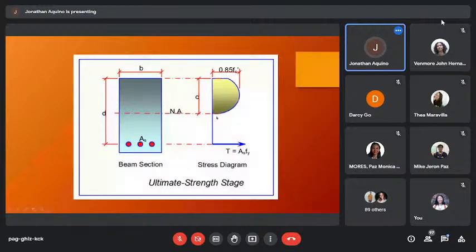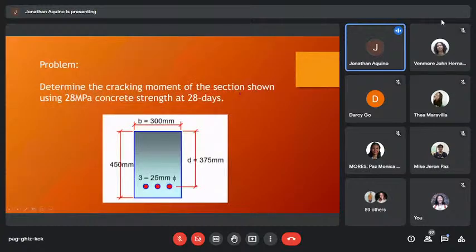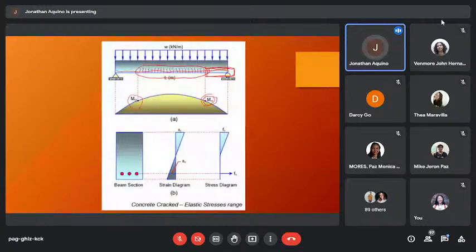So ito yung stress diagram considering ultimate strength. So this one we're going to discuss on the ultimate strength design. Okay, so take note that in ultimate strength design, the shape of the stress is parabolic. Pero in working stress design, the stress diagram is just simply straight line formula siya.